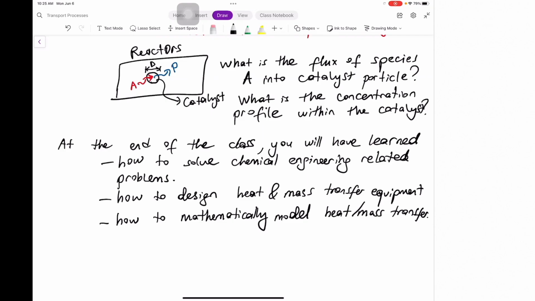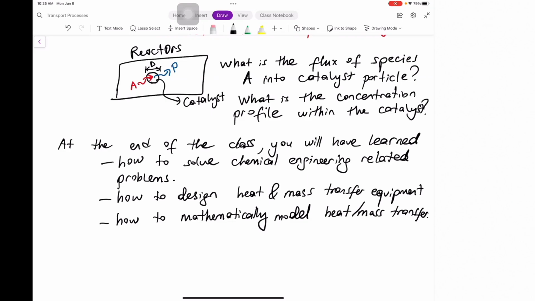The good news is that the transport of heat, mass, and momentum are analogous to each other, and the governing equations are very similar. We will generally talk about the analogy between heat, mass, and momentum transfer.